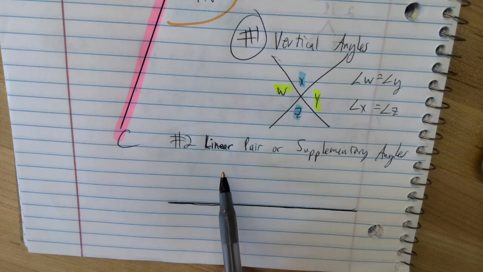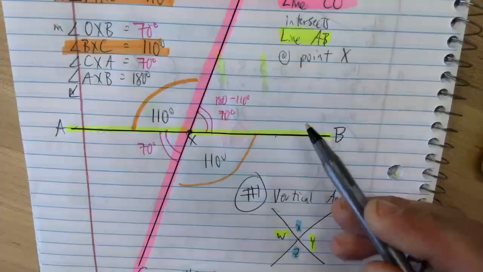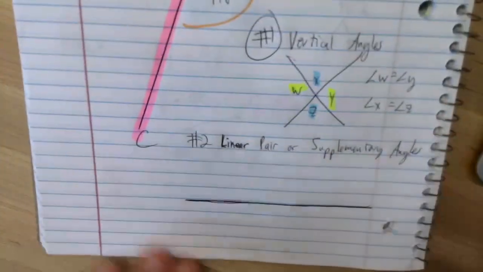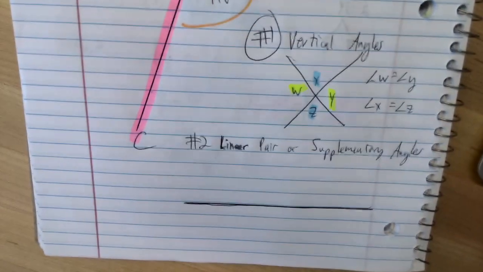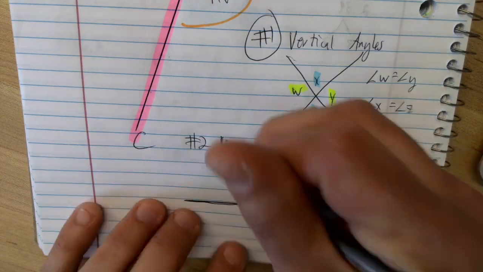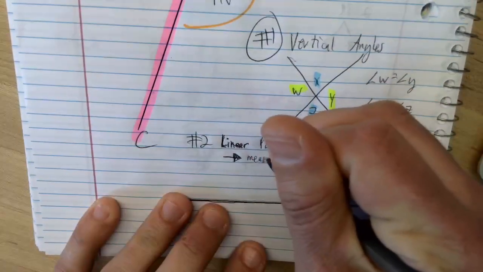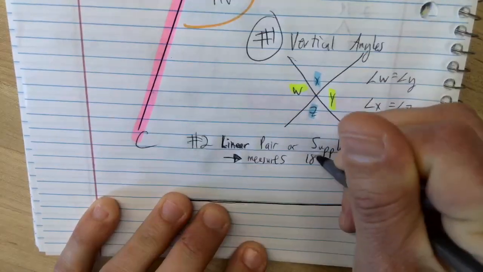Line. It's a line. So, if you learned anything from this picture up here where AXB was a line, it had an angle measure of what? What's the angle value for a line? 180. Right. So we're going to measure 180 degrees.